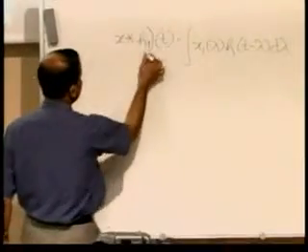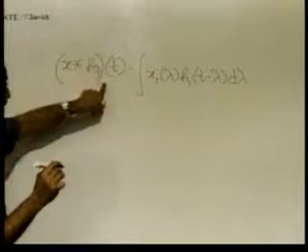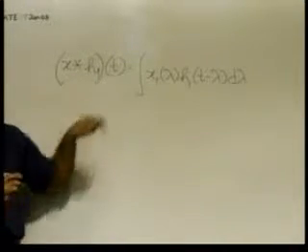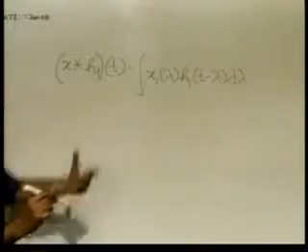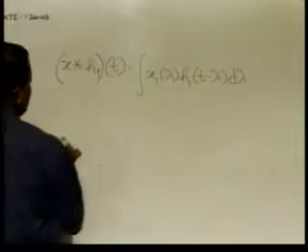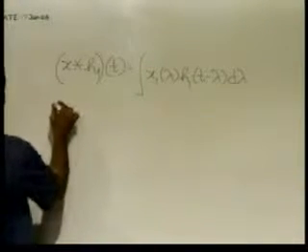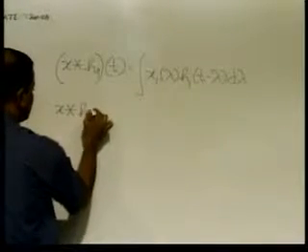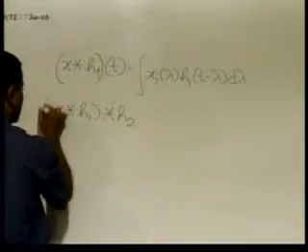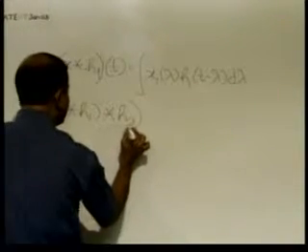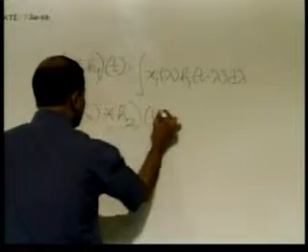We should interpret this as x convolved with h1, the whole evaluated at t. This is a signal, x convolved with h1. Now consider x convolved with h1, the whole convolved with h2.